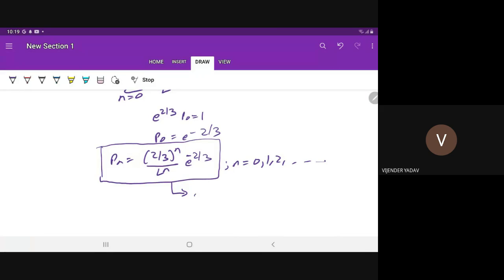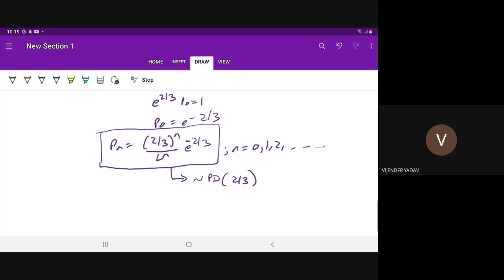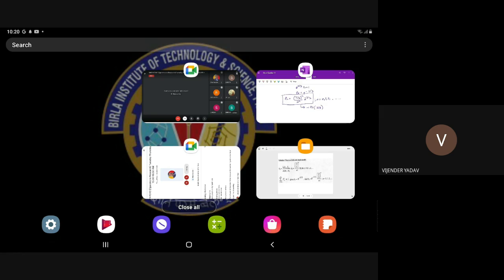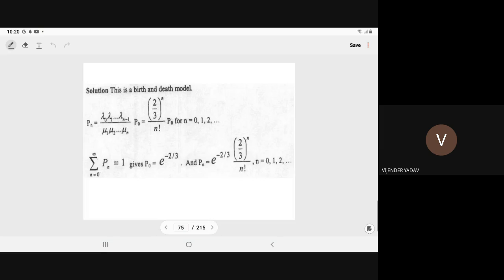It means you can say that it follows the Poisson distribution with parameter 2 by 3: e to power minus lambda, lambda to power n upon factorial n. Clear? So here we have computed all the steady state probabilities.